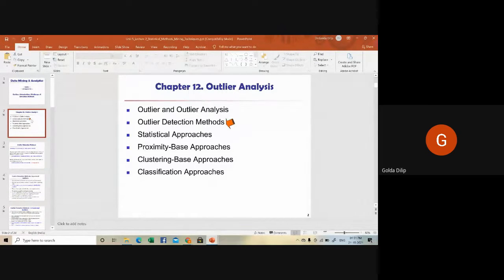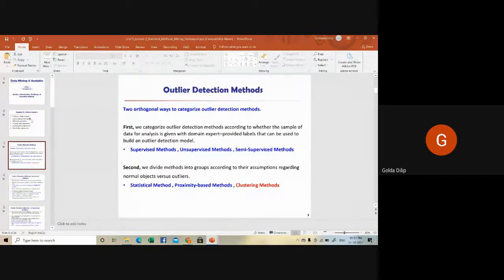So the second topic is outlier detection methods. The outlier detection methods are categorized into two.